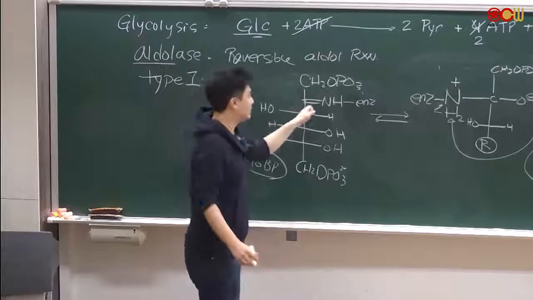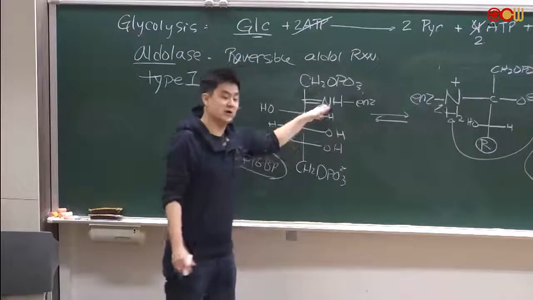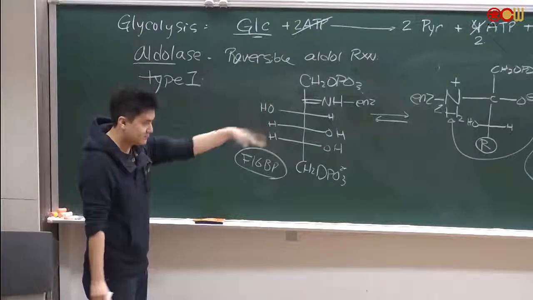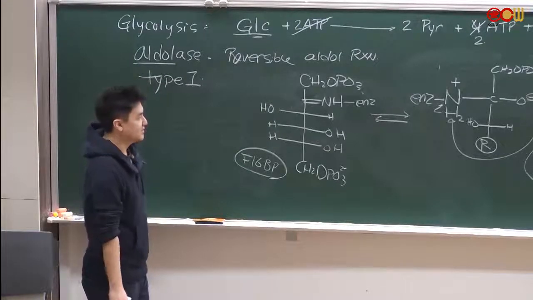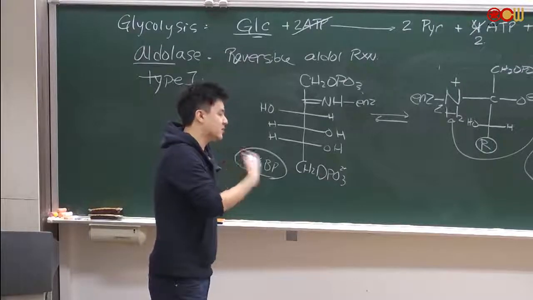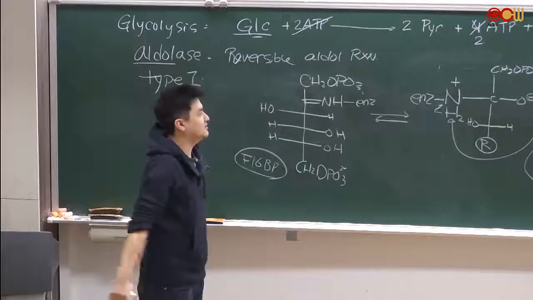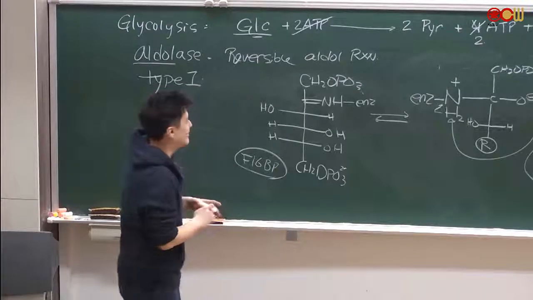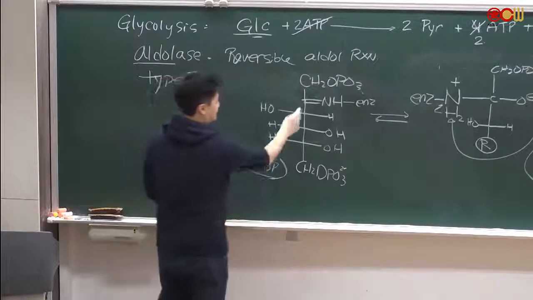Double bond O becomes double bond N. So that's the Schiff base formation. You use an amino group to replace the oxygen, kind of. So you form a Schiff base here.